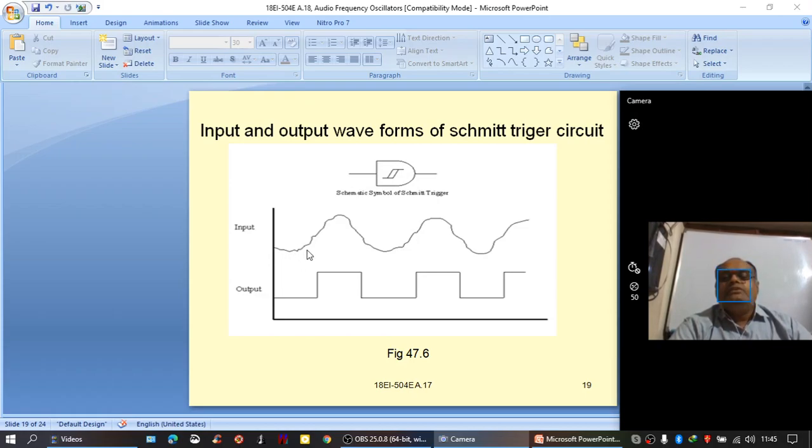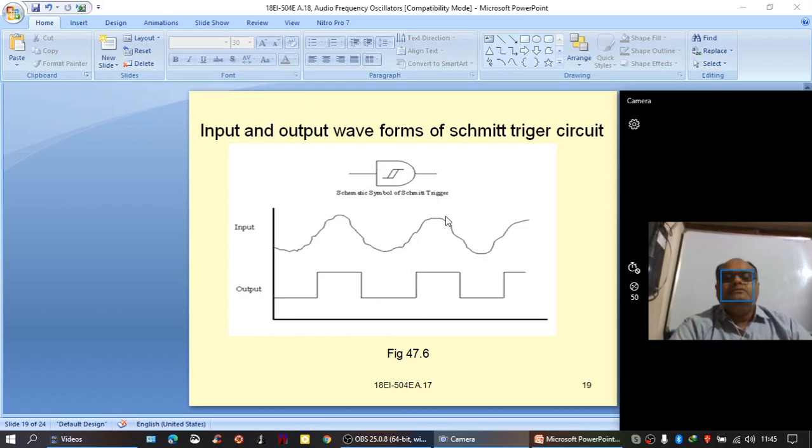From here, during the positive half cycle, up to here, the output would be low. From here to here, during this period, it would be high. And even during this period also, up to some extent, it would be high. Then when it decreases further, the output will become low. Continues to remain low up to here.